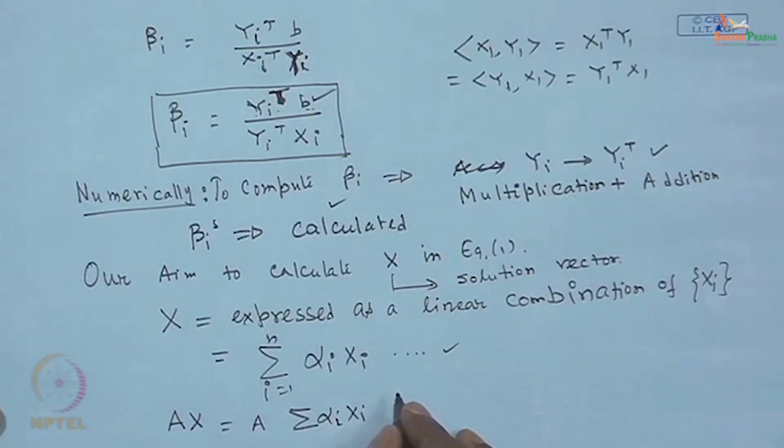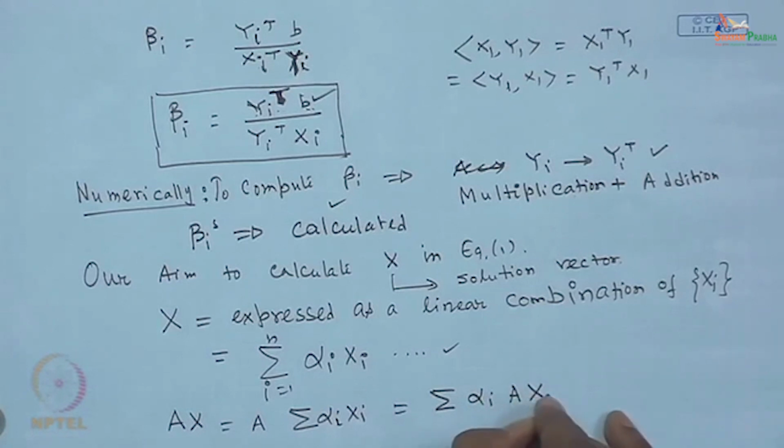Alpha i, being a scalar, can be taken out, so it will be nothing but the summation of alpha i A x i. And if you remember, these x i's are nothing but the eigenvectors of the matrix A, so they satisfy the equation A x i is equal to lambda i x i.